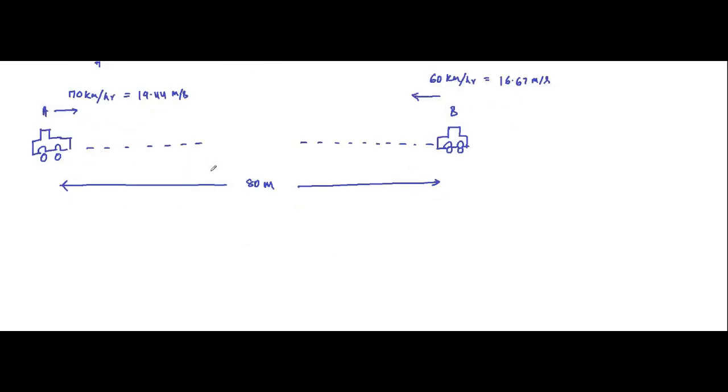We have to determine how much distance each of these cars traveled after the application of brakes. So we have to determine SA and SB.